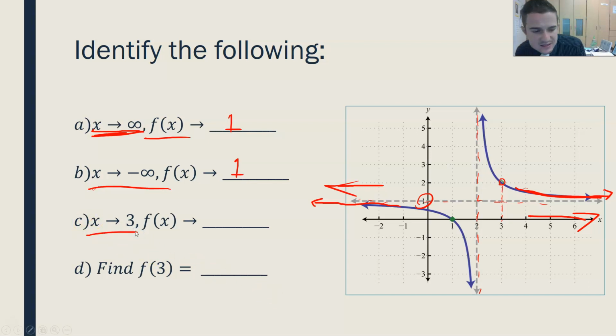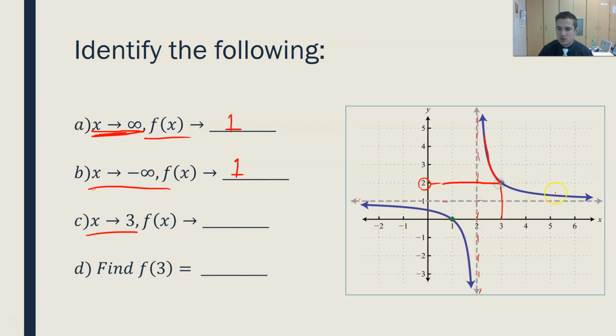This next problem says, as x approaches 3, as x gets close to 3. So I'm not going to the left or to the right. I'm looking just here at x equals 3. So if I'm traveling on this graph, as I get really close to this hole, I'm approaching the y value of 2.